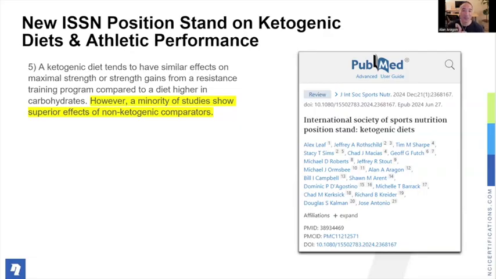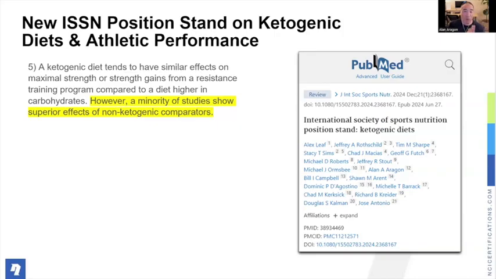So the keto diet conditions tend to compare pretty well to the high carb, low fat conditions for eliciting maximal strength gains. However, there's still a minority of studies in this group that show superior effects of the high carb, low fat control diets compared to the ketogenic diets.